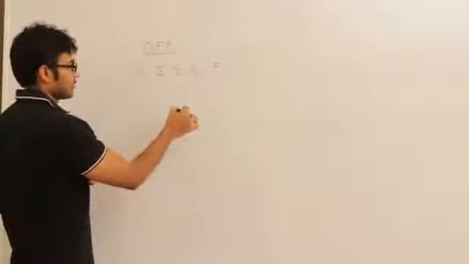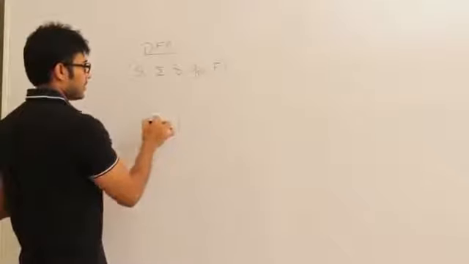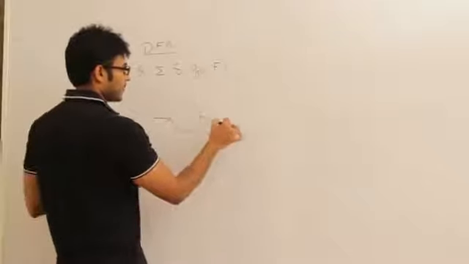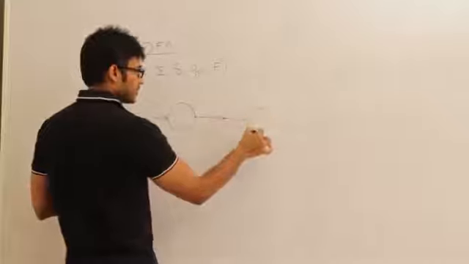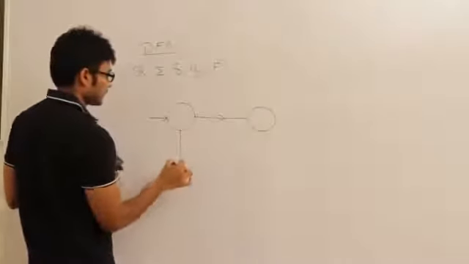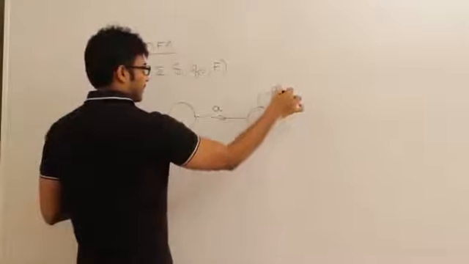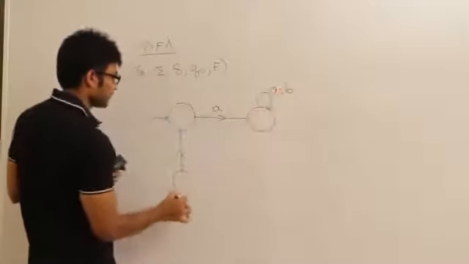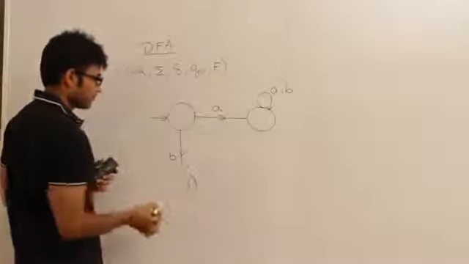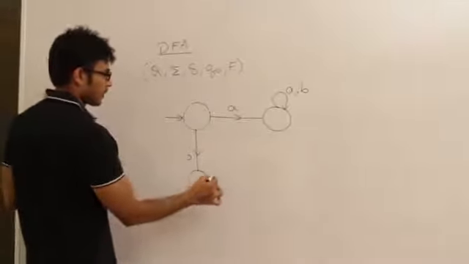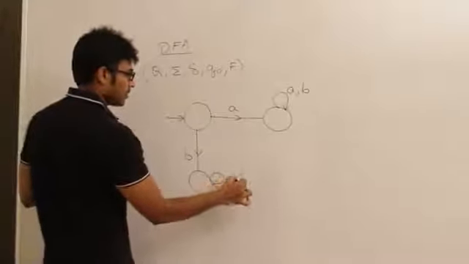Let us assume that this is some finite automata accepting some language, with transitions on a comma b.